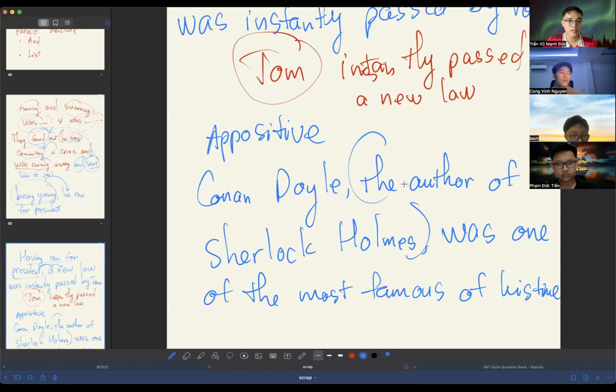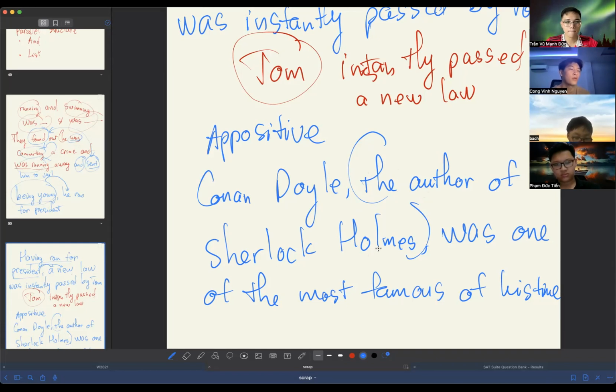And because this is providing additional information, does it specify who Conan Doyle is? If I remove this part, the appositive, can I know who Conan Doyle is? Vinh, what do you think? If I remove this, can I know who Conan Doyle is? Yes. Why is it?